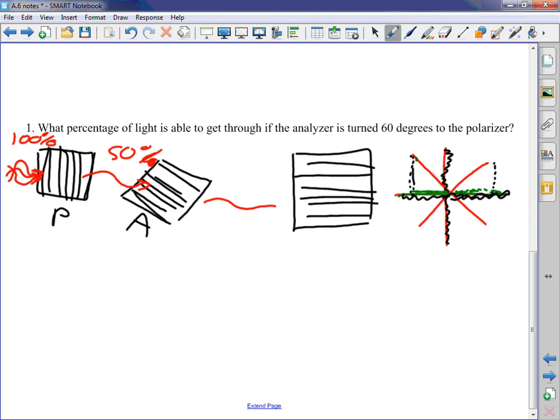Just conceptually. So I equals, what's I naught here percentage-wise? 50. This is 50%. This equation deals with the analyzer.